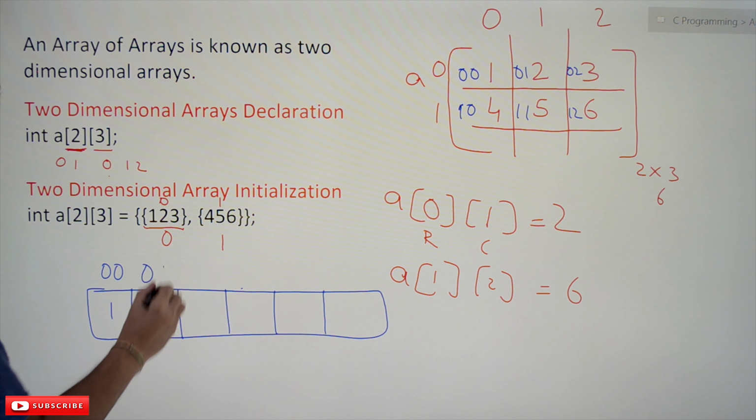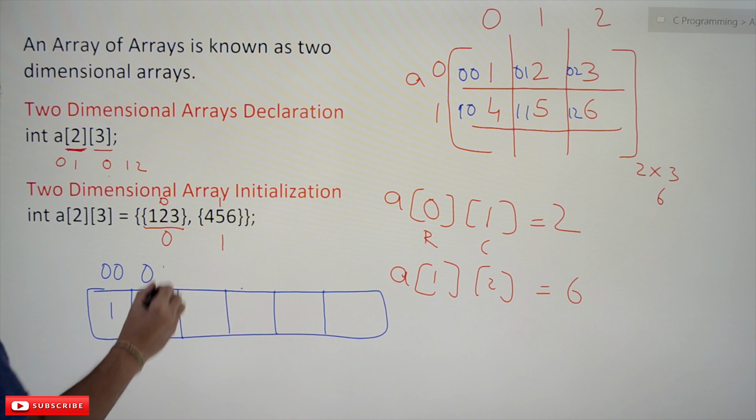As we have discussed, the elements of that matrix can be arranged in the memory in 2 different ways. One is row major, and the other one is column major. What is meant by row major ordering? If we store the elements row by row, it is what we call row major.